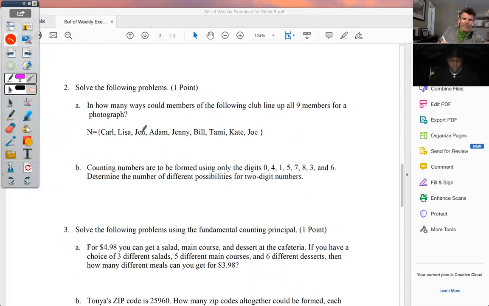It could be Carl, Lisa, Jen, Adam, Jenny, Bill, Tammy, Kate, Joe, right? So once Carl's in front, Carl can't be in front anymore. So there's 9 right here. And then you take Carl, and Carl can't be in the front. Now we have 8 different ways we could choose who's going to be next. It could be Lisa, Jen, but Carl can't be there. So we have 8 different ways. All right. So now we go to the next spot. We've already chosen 2 people.